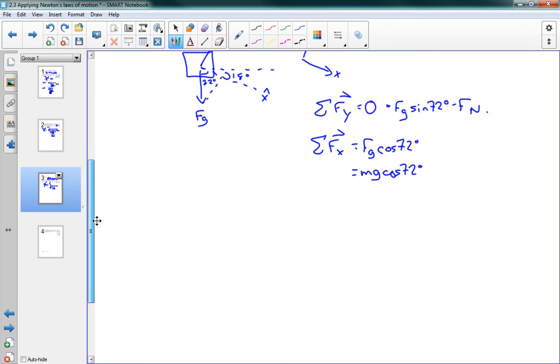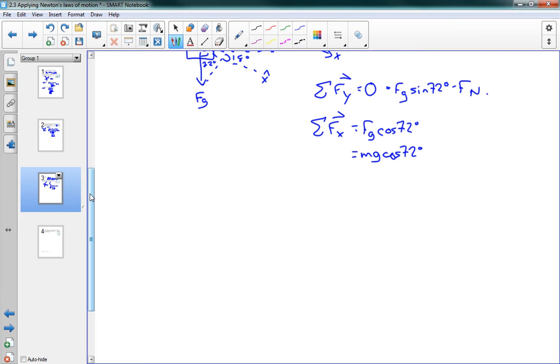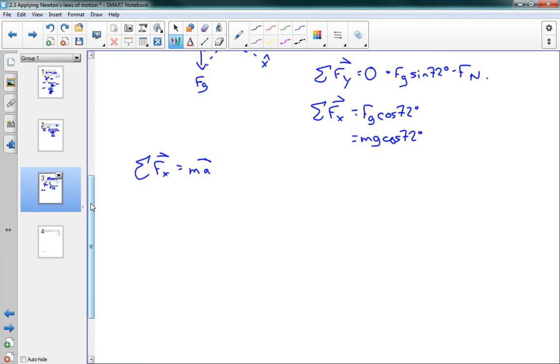Now we don't know the mass, right? Notice that we don't know the mass. So we're going to have to sort of go forwards. We have our net x force, and we're going to have to figure out what we can do with that. So I can say that my net x force is going to equal my mass times acceleration, because that's the only force that this thing is experiencing. Okay, so we have mg cosine 72 degrees is equal to ma.